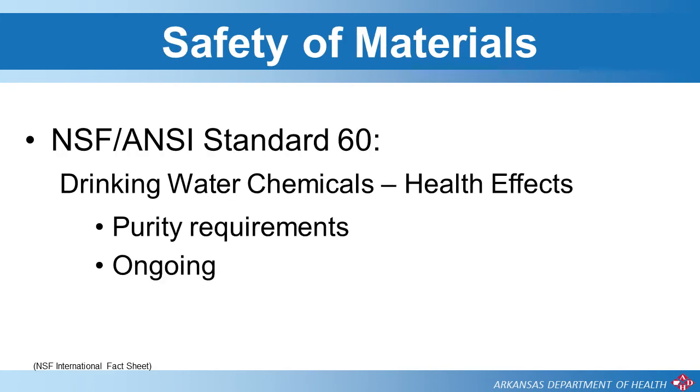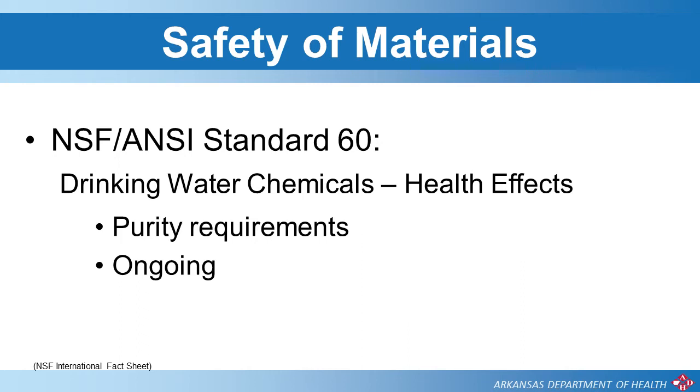There are over 35 various chemicals that are added to treat water to make it drinkable. The Council of Public Health Consultants is tasked with protecting the public from harm. They work with the National Sanitation Foundation to create the NSF/ANSI Standard 60, the Drinking Water Chemicals and Health Effects paper.